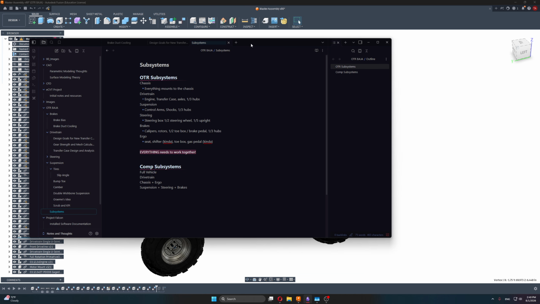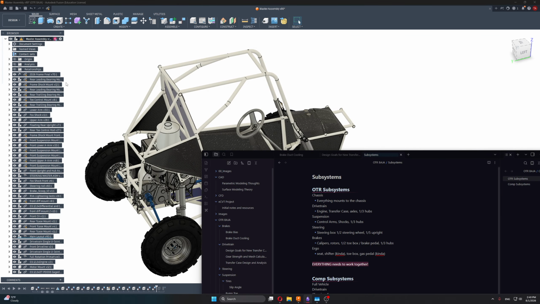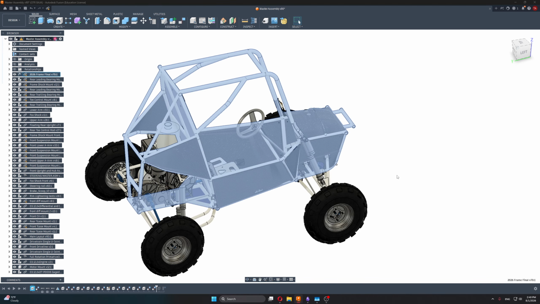So, as a quick overview, the OTR subsystems are chassis. That's all of these primary chassis tubes, along with the body panels. Body panels, in previous years, kind of just happened.